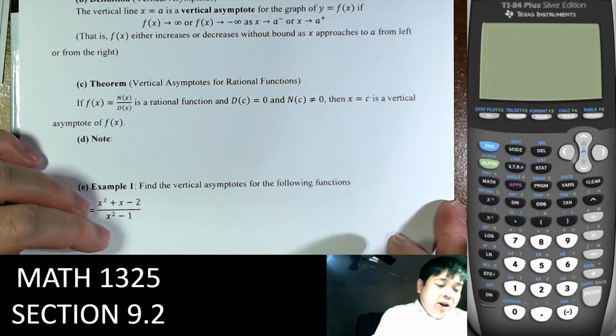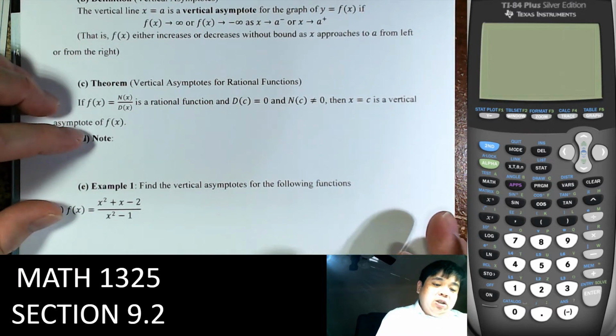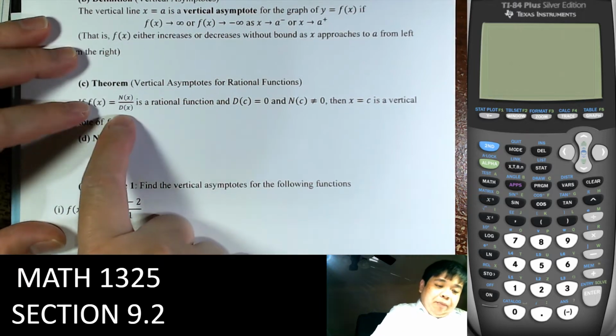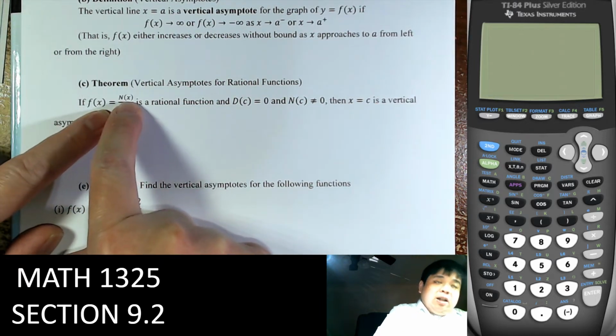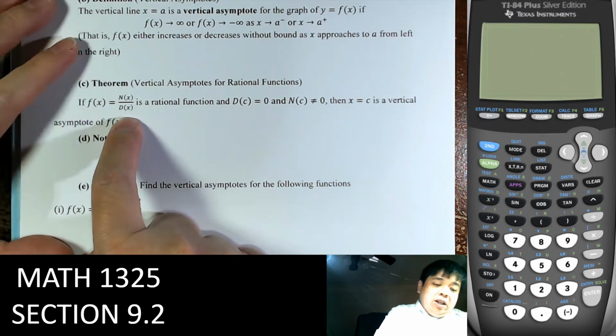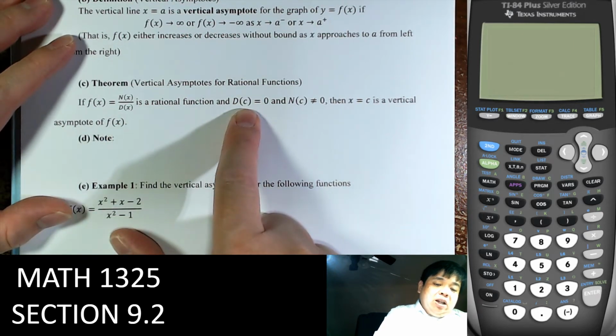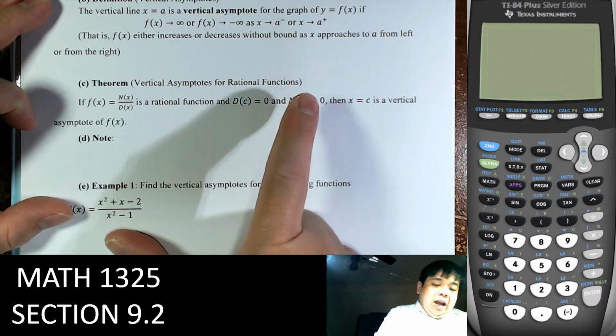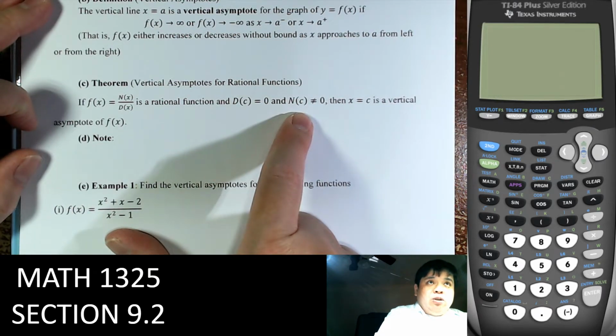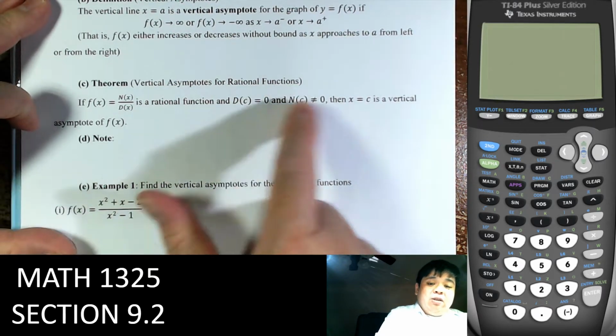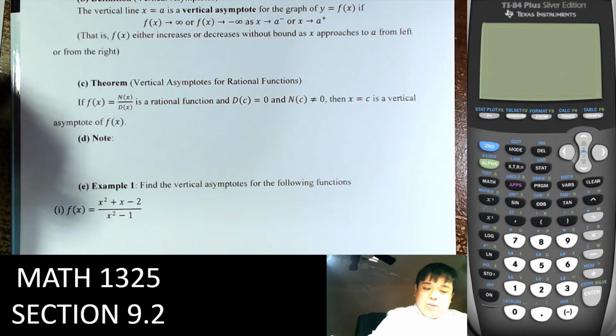To find the vertical asymptote for a rational function, where the rational function is the numerator over the denominator, we let the denominator equal 0 and the numerator not equal to 0. In that case, whatever values we have are the vertical asymptotes.